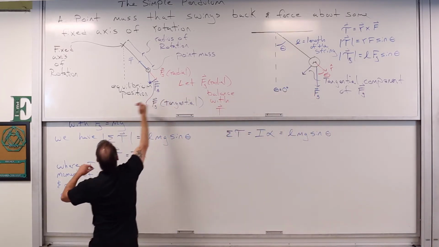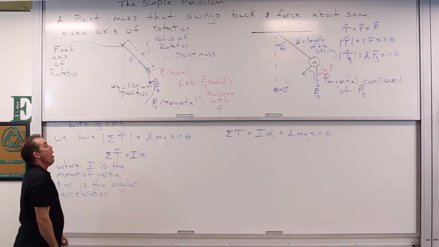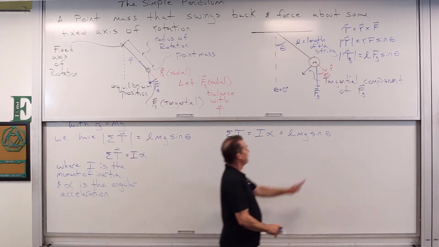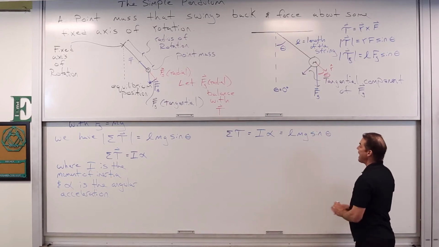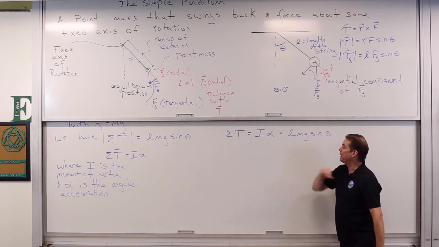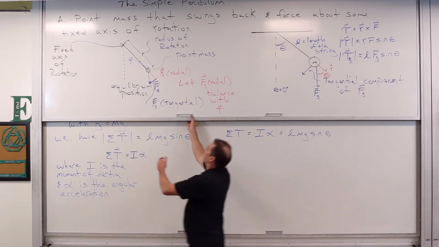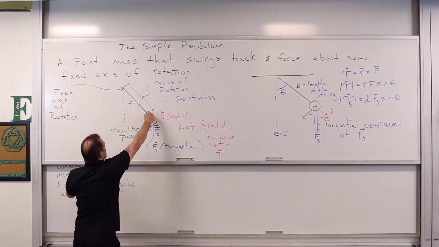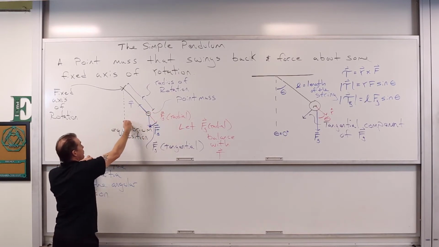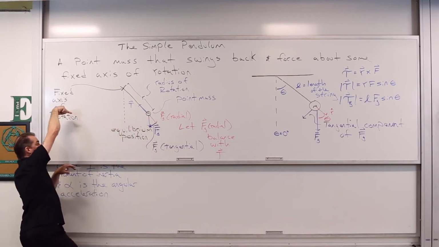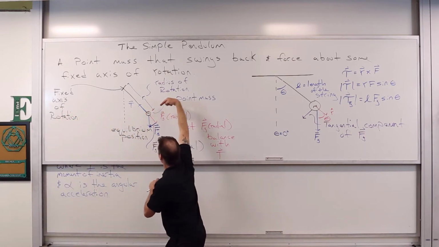If it's plus on this side, then it's minus on this side. So what do we have? Well, if theta is positive, the angular acceleration will be in the opposite direction. This object always wants to accelerate back towards the equilibrium position. That's the direction of the tangential component of the force.